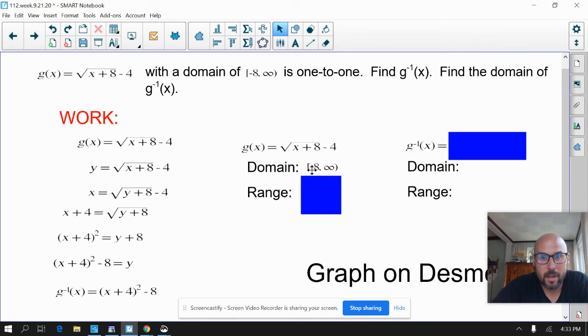We were told the domain is -8 to infinity, but what's the range? You have to know the tiniest amount about the behavior of radicals to figure out what the range is. Square roots will only produce what? They will only produce non-negative numbers. There's no situation on earth where you're going to take the square root of something and end up getting -3.